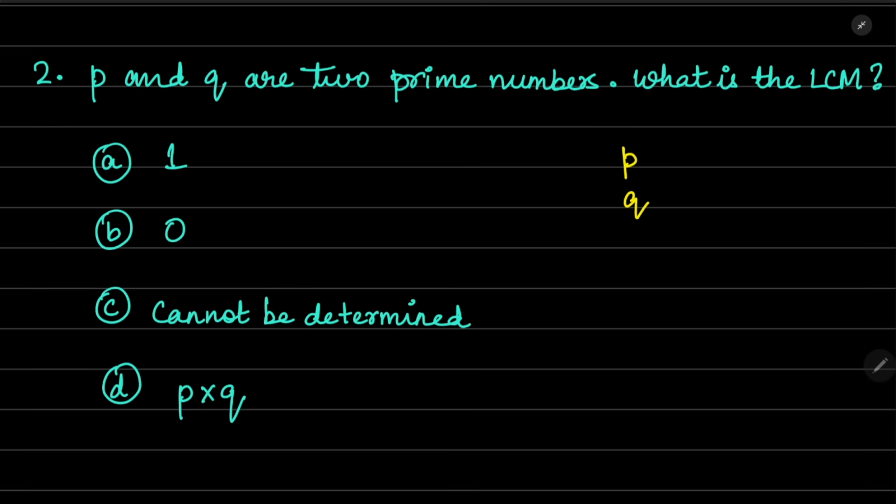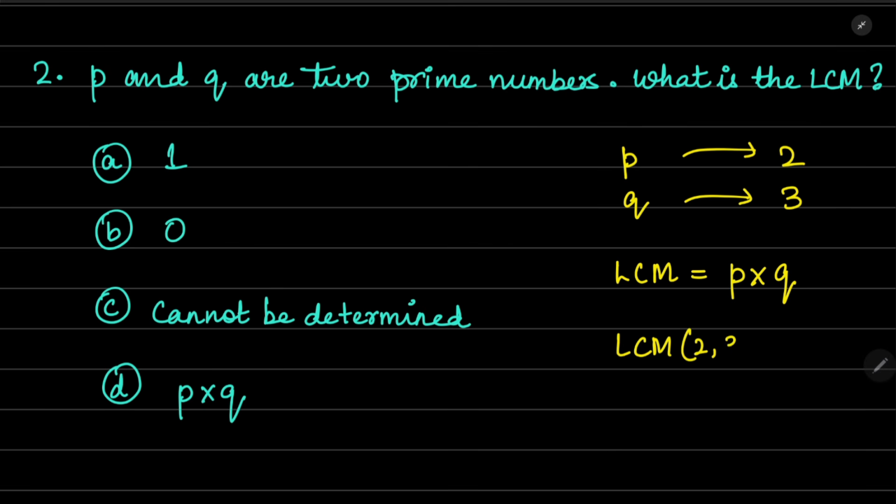For example, 2 will still be 2, Q will still be Q. Suppose P is 2, and Q is another prime number, say 3. What will be the LCM? LCM will be the product of 2 and 3. So the LCM would be the product of P and Q. So for 2 and 3, the LCM will be 2 into 3, which is 6.